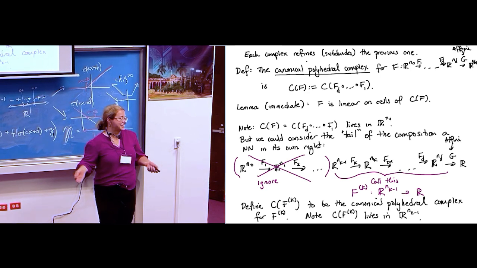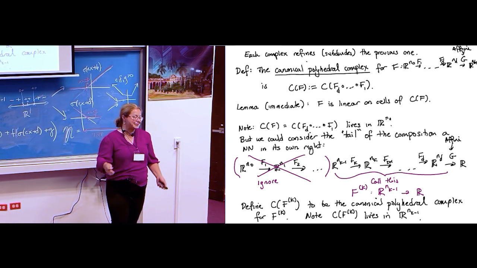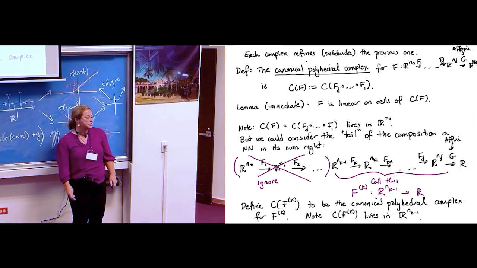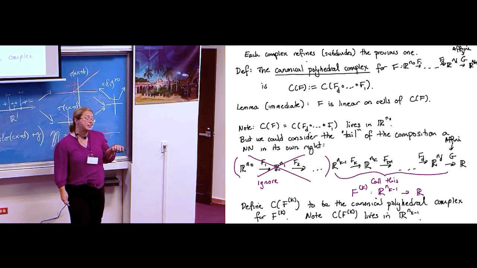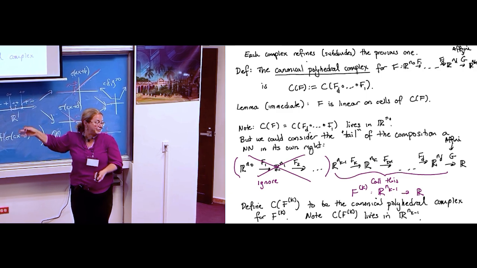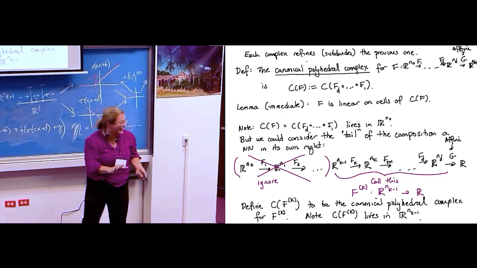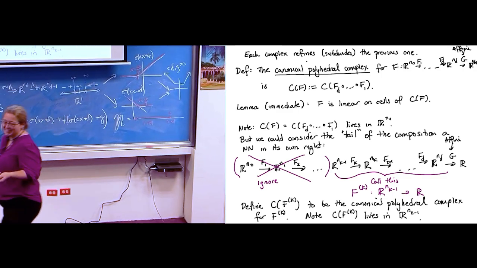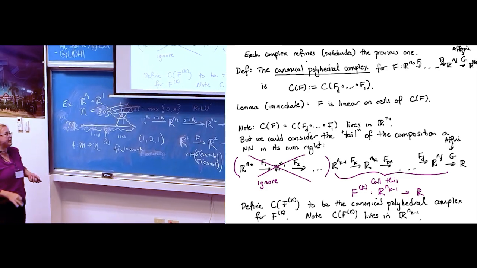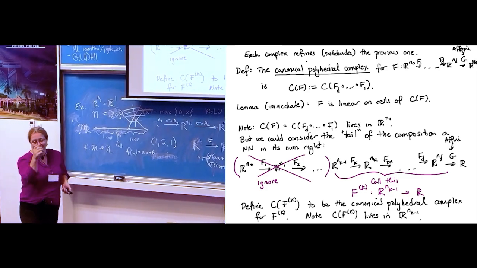People have written down what this is. I don't know what the number is, but if you have more cells than that, then you couldn't do it with a given architecture. But you're asking a really important question, which is which architectures can give you which complexes? The answer is nobody knows. I'm kind of heading towards that. We know pieces of the story, but most of the story has not yet been established.